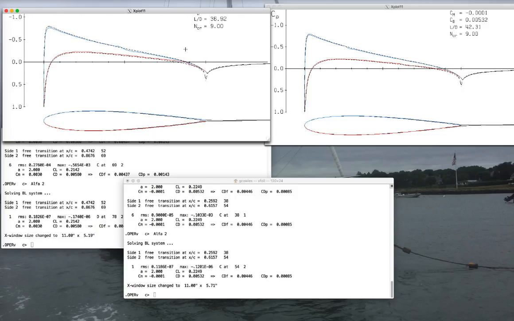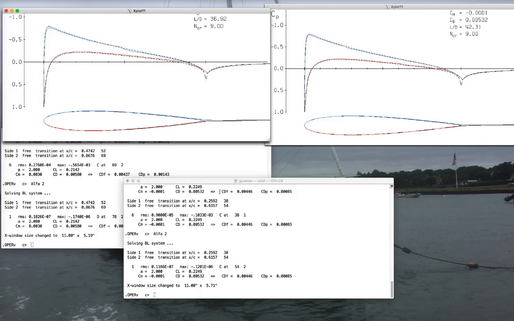Maybe the most notable difference is the location of this bump has moved forward. That's the transition to turbulence has moved forward on the foil at the higher Reynolds number. But the deviation from the suction peak and the general shape is very close to the inviscid distribution on these foils. So these are a factor of 5 different in Reynolds number.